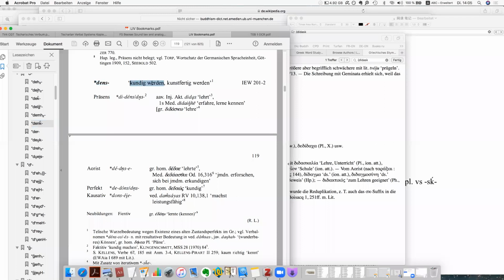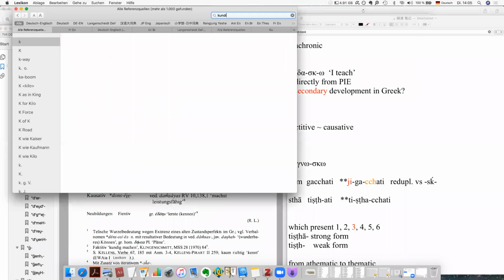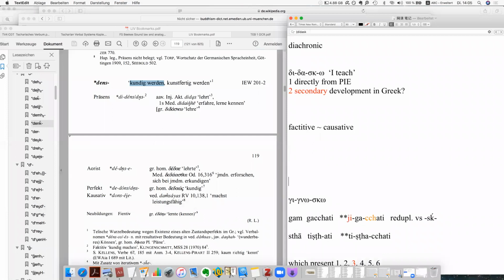And what is the meaning of dens? Dens means kundig werden, kunstfertig werden. Kundig means that you already know. So kundig means you are well informed, you are knowledgeable, right? So dens means you become informed.